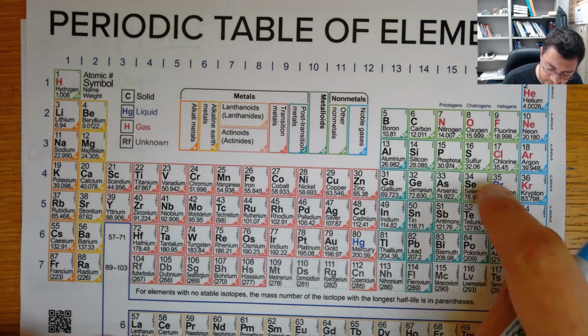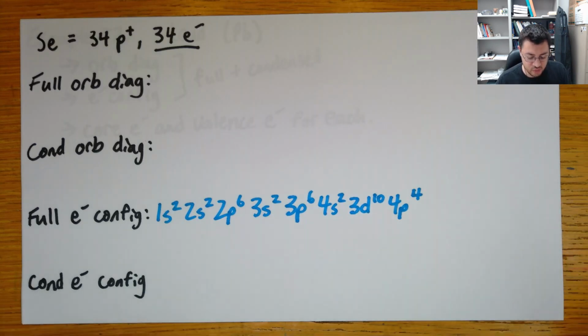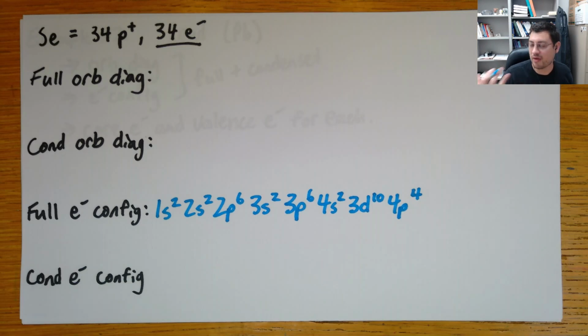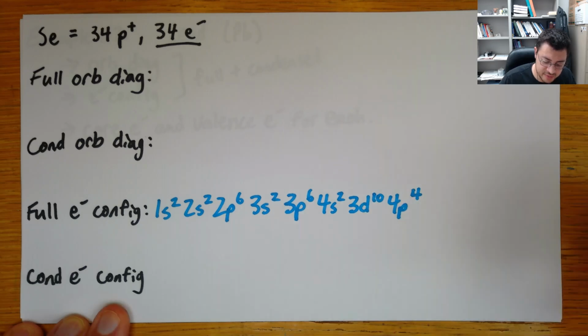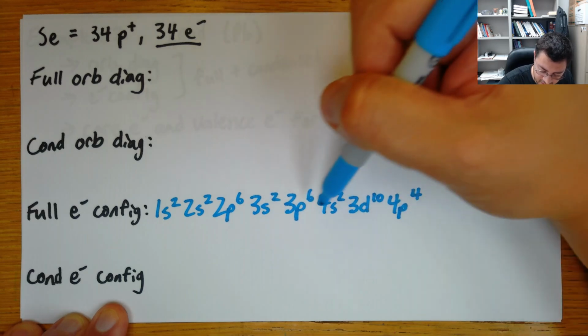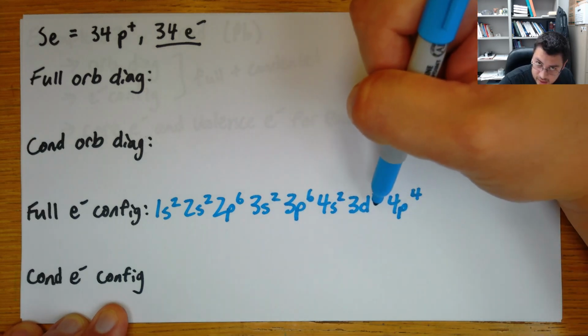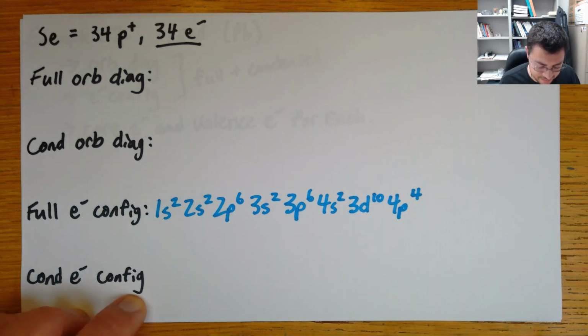You can always feel free to check your work. All of the exponents are just the number of electrons in these individual subshells, and those should add up to 34. 2 plus 2 is 4, 10, 12, 18, 20, 30, 34. So that is good.